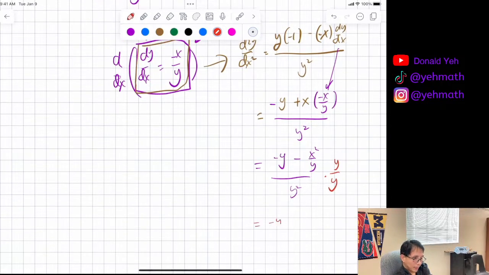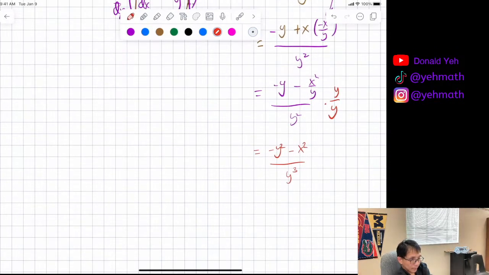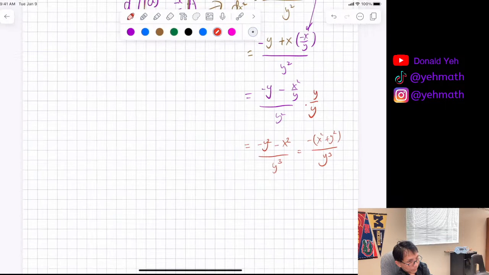If I do that, I get negative y squared minus x squared over y cubed. It turns out you can simplify more. Take out the negative sign. Does that look familiar? 16.